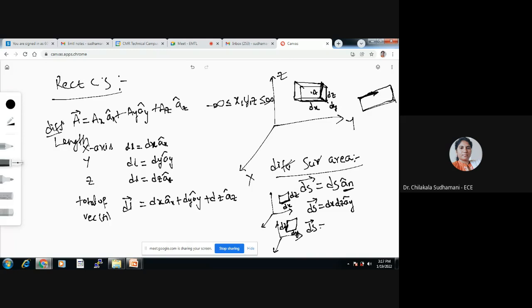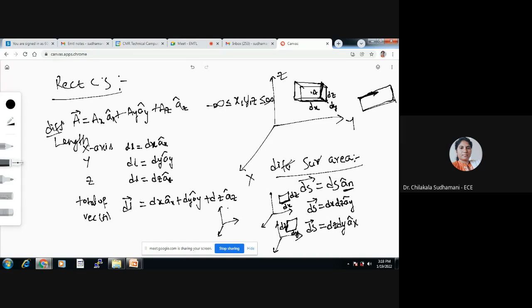Surface area dz into dy, and in which direction is it? The perpendicular direction is a x. One more you can consider in the opposite direction, like I am going to consider another face that is considered in the xy axis.